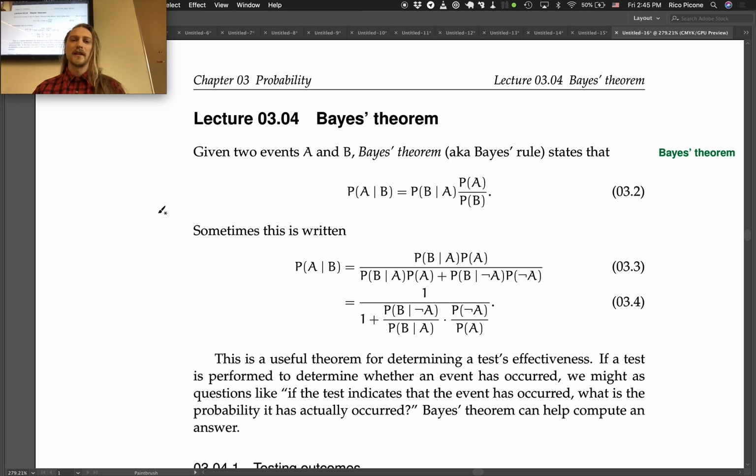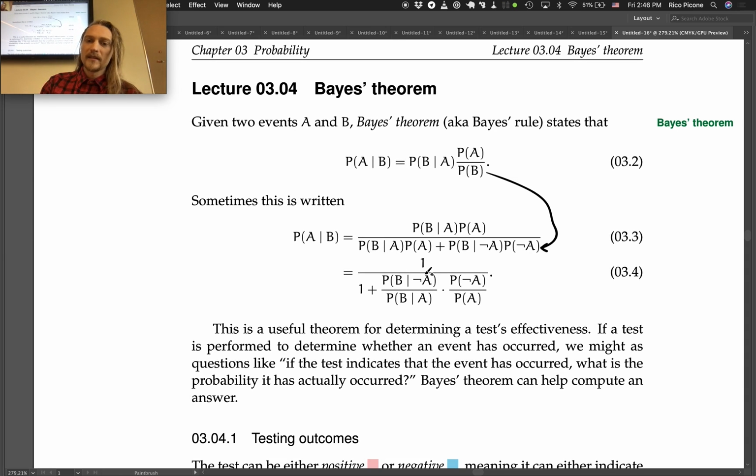Sometimes this is written as the probability of B given that A times the probability of A divided by the probability of B given that A times probability of A plus probability of B given that not A times the probability of not A. So this is just an expansion of the probability of B in terms of conditional expressions relative to A, right?